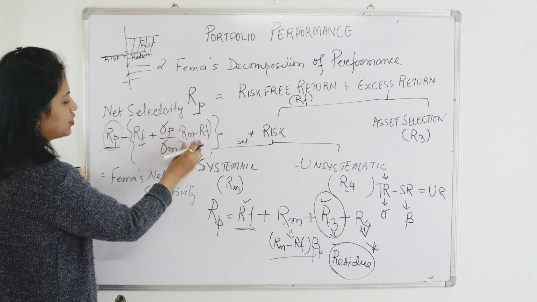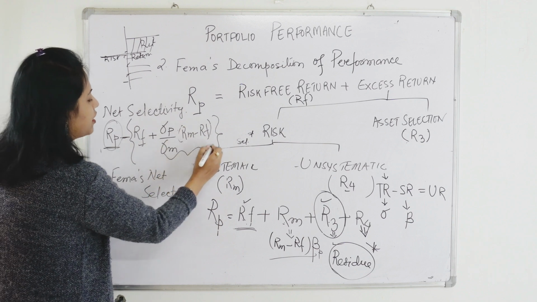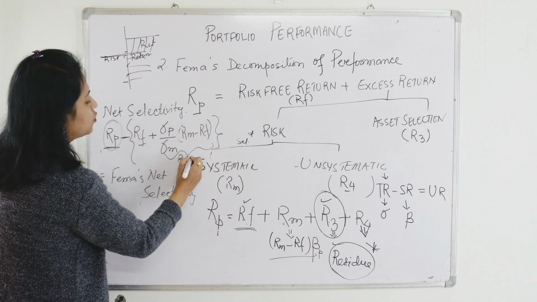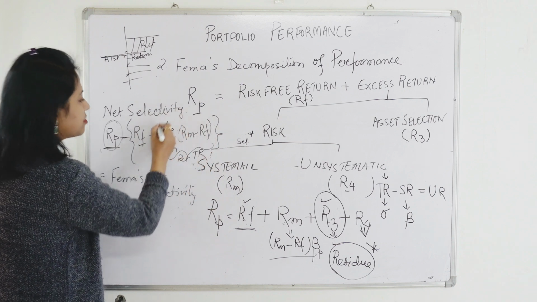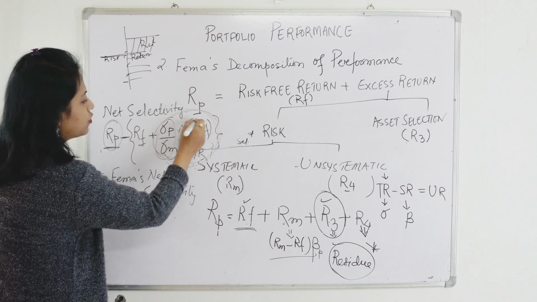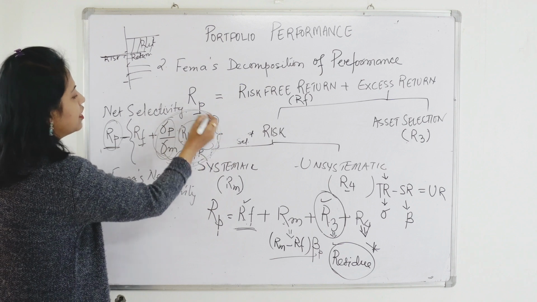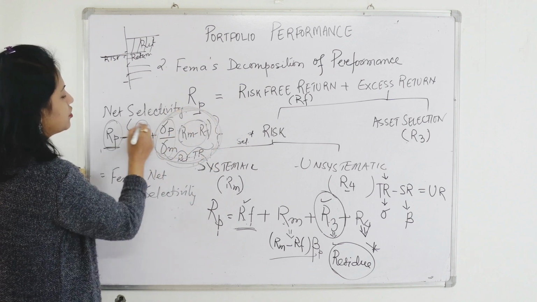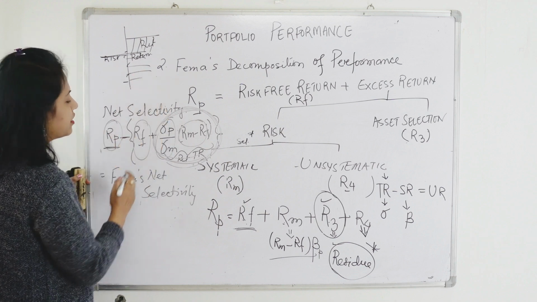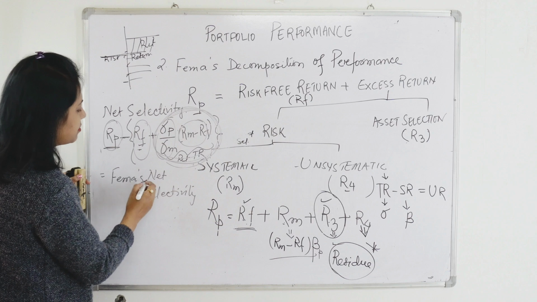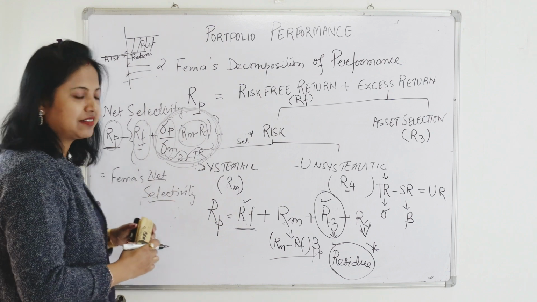Multiply it with the premium that you are receiving. This will give you the returns due to the total risk you have taken. This much risk you have taken because of which you have got this return. So the total return is because of taking risk, and this is because you must get something over and above which is risk-free. But still something is remaining. That remaining part is known as Fama's net selectivity.